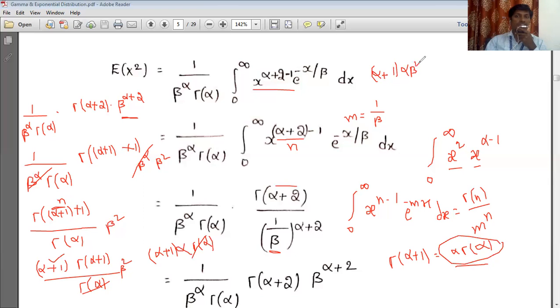This is only what we calculated for E of x square. Minus mu square we have. Mu is nothing but the mean, what we got, alpha beta, so alpha beta whole square. Now we are going to simplify this. For that you can multiply the terms. Alpha into alpha is nothing but alpha square, so alpha square beta square plus 1 into alpha beta square is nothing but alpha beta square.